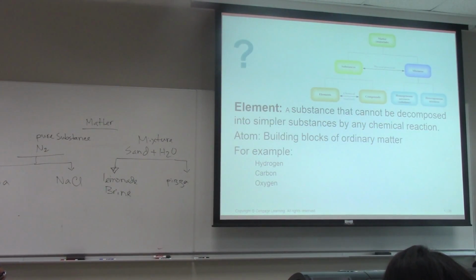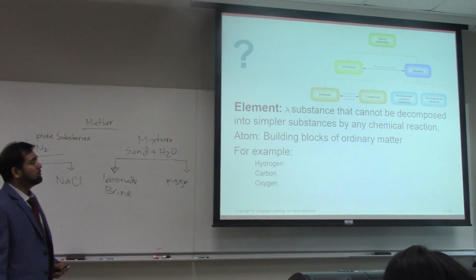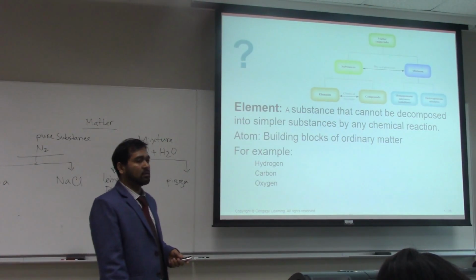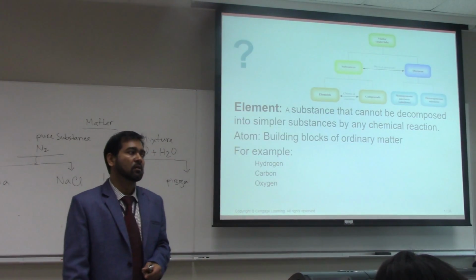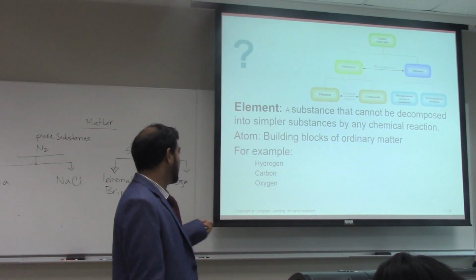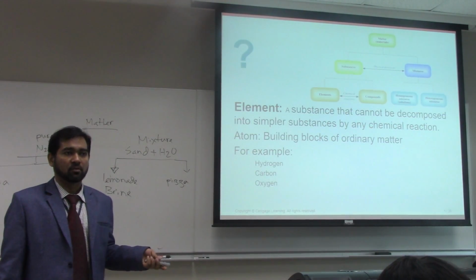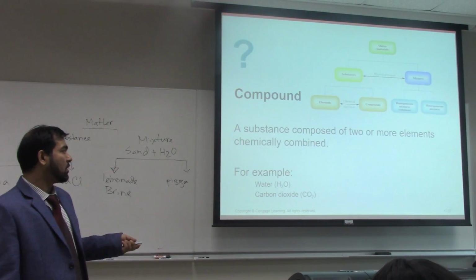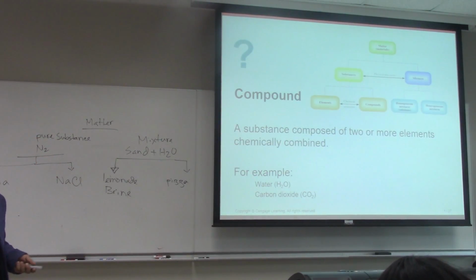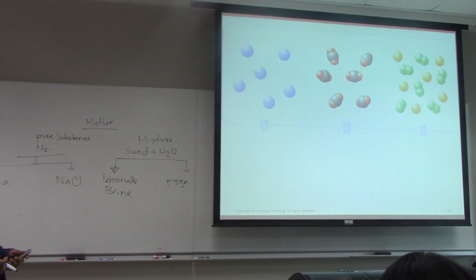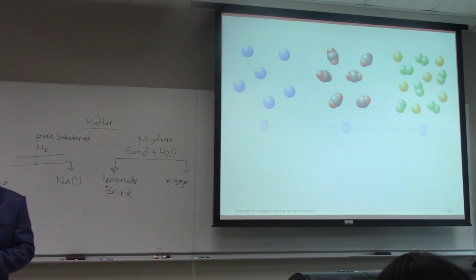So if you go through each of them, for instance, what is an element? An element is a single building block, which is an atom in the periodic table, like hydrogen, carbon, oxygen, right? You cannot break it down anymore. A compound is made of two atoms chemically combined, and this is the concept check for you.